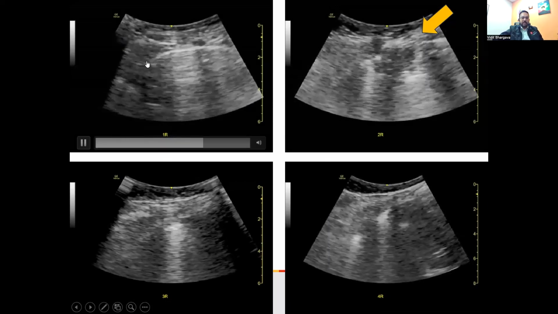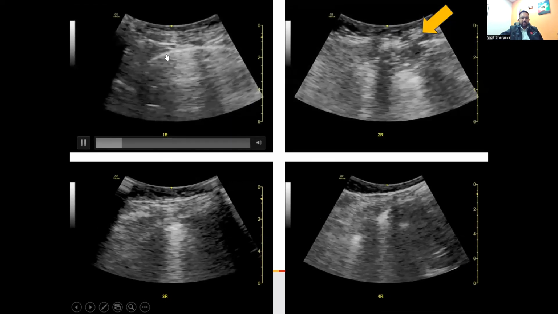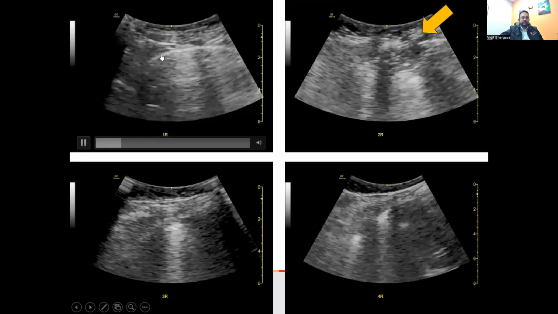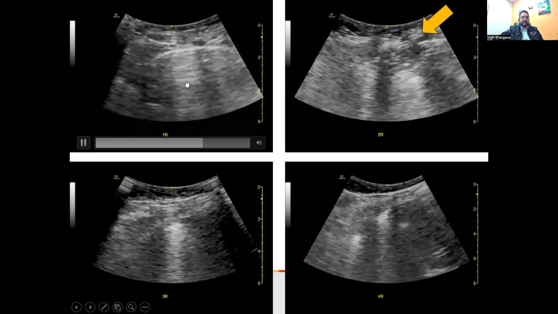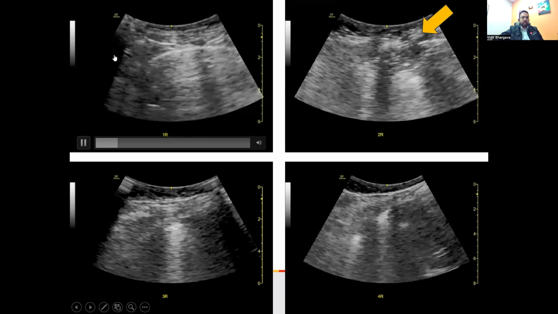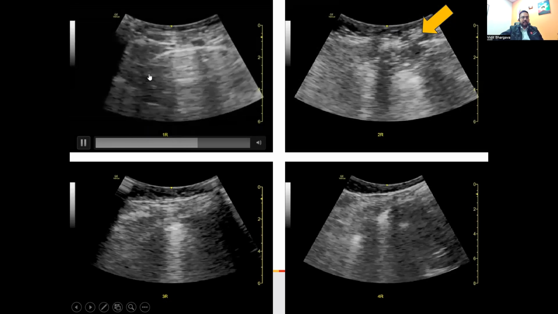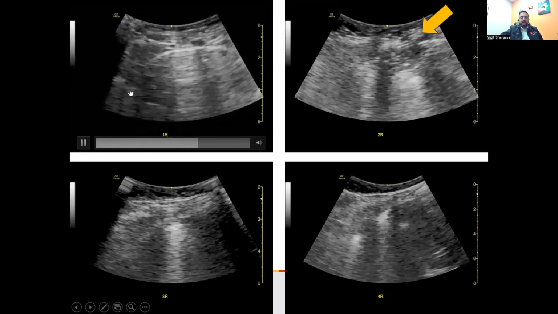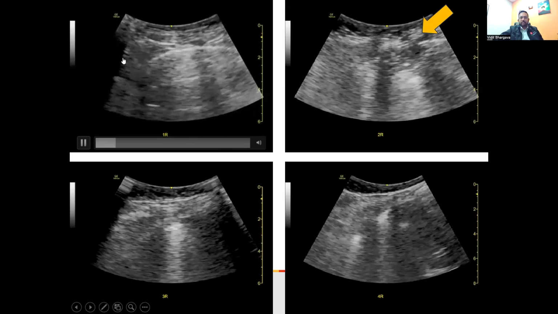Going through the images, in the first one you see a well-defined pleura, there is some pleural sliding, and there are some A lines here. Towards the left of this image, in the lung preset, you can see a small amount of subpleural consolidation, maybe some air bronchograms.